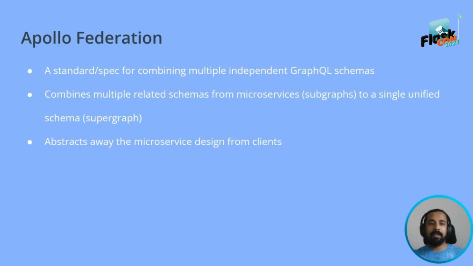It combines multiple related schemas from microservices, which Federation calls subgraphs, into a single unified schema called supergraph. So it abstracts away the microservice design from the clients by combining GraphQL APIs or API definitions from multiple services and exposing them as a single endpoint to the clients.